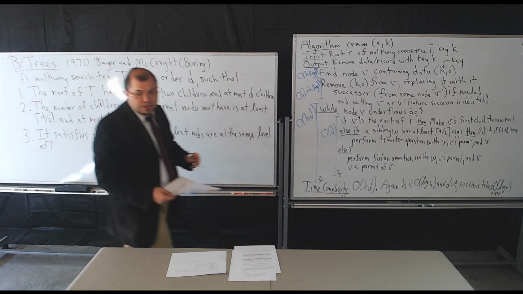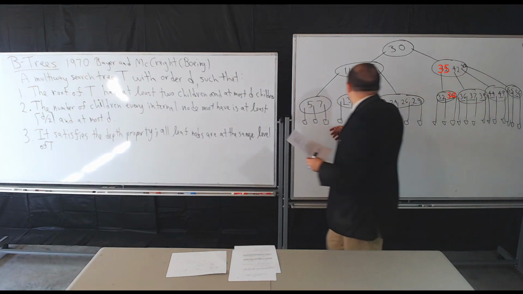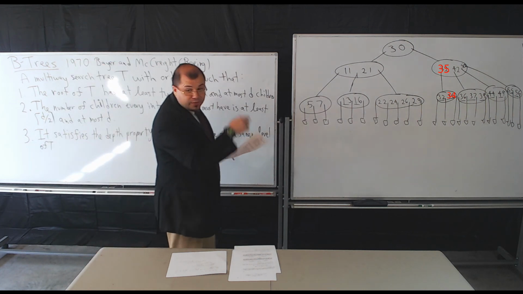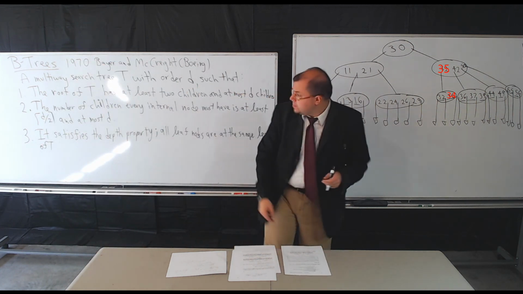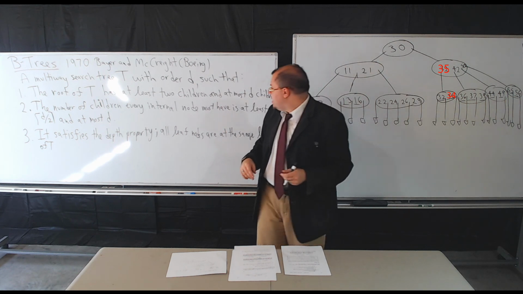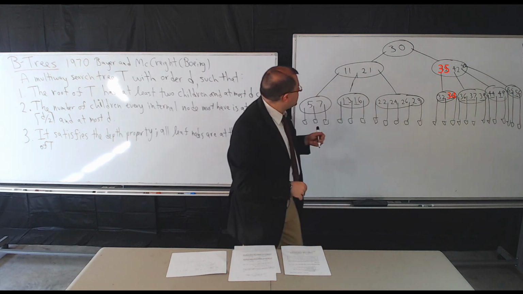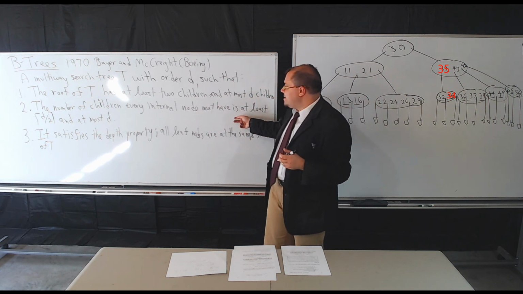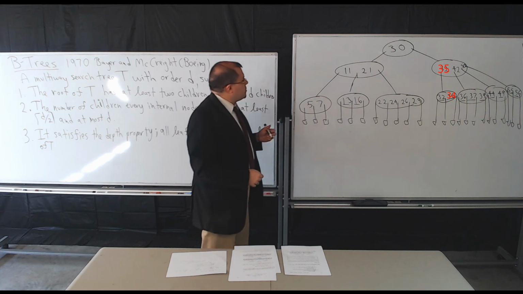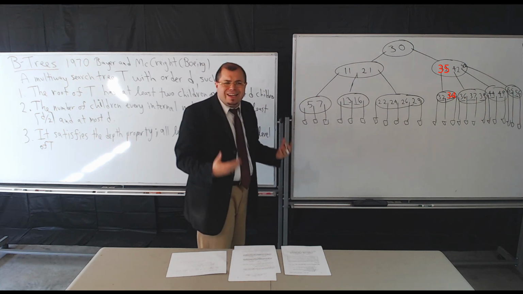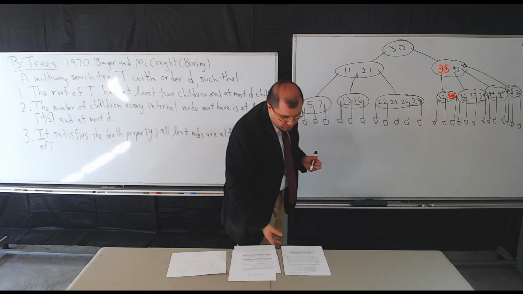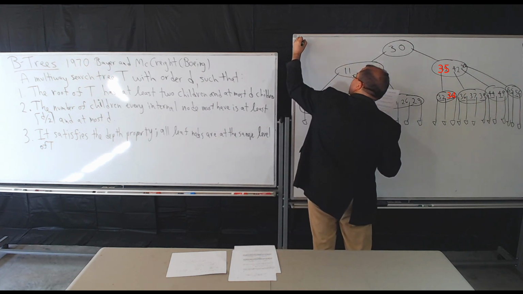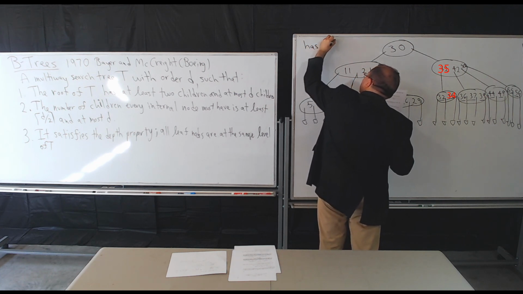So let me draw you a picture of one. Okay, so there is the B tree. That's my example. So let's see if this follows the definition of a B tree. First, the root has at least 2 and at most D children. It has at least 2, we're okay. The number of children every internal node must have is at least the ceiling of D over 2. So first off, we need to determine what D is. What order does this tree have?